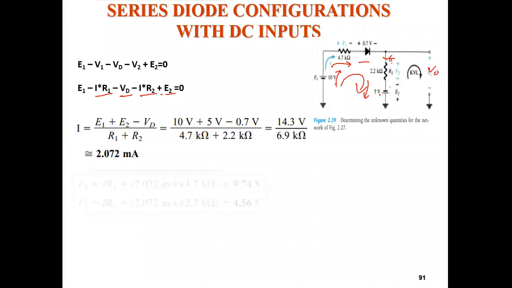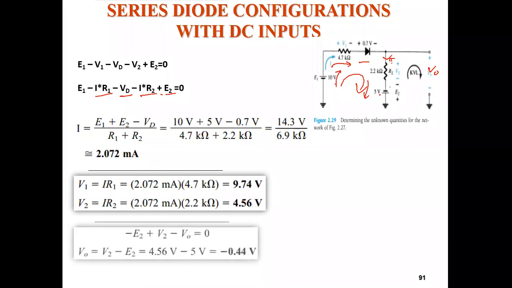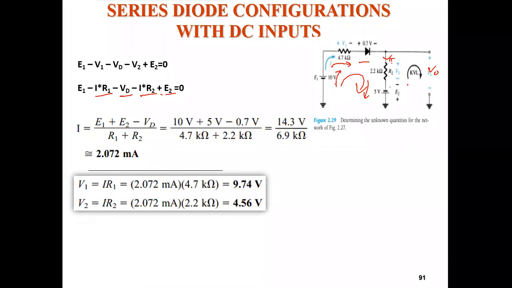The voltage across the resistors is simply IR1 and IR2. But to calculate your V0, you can apply KVL here. If you apply KVL in the clockwise direction, you will get -5, then plus IR2 or minus IR2.